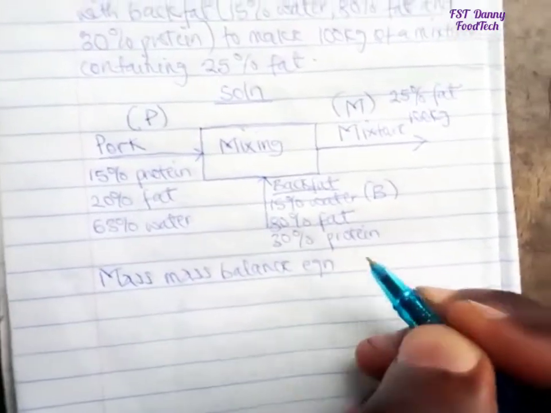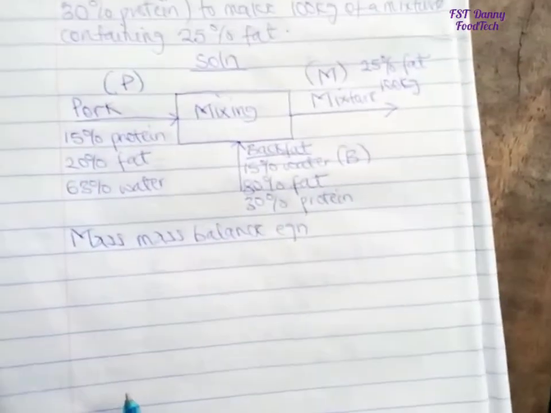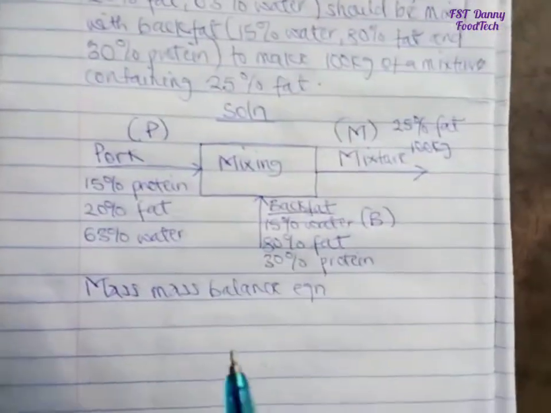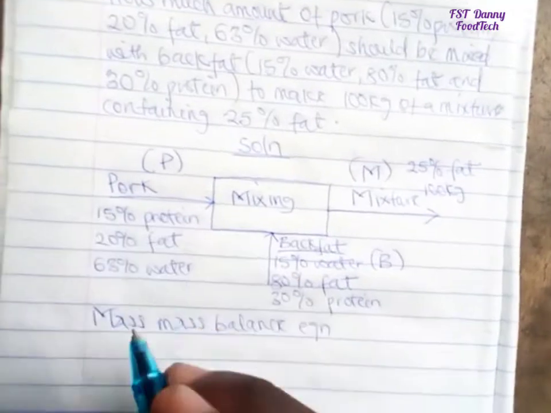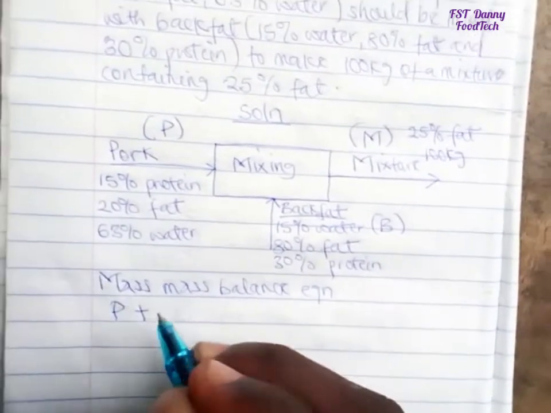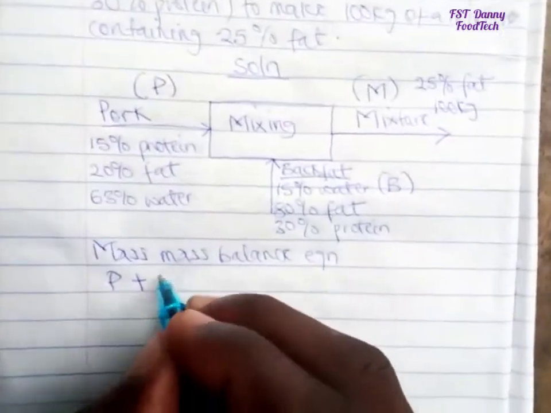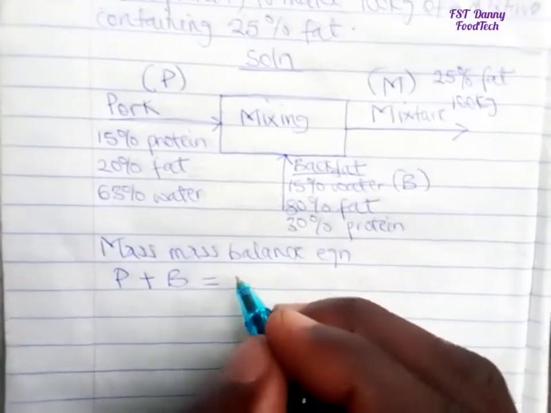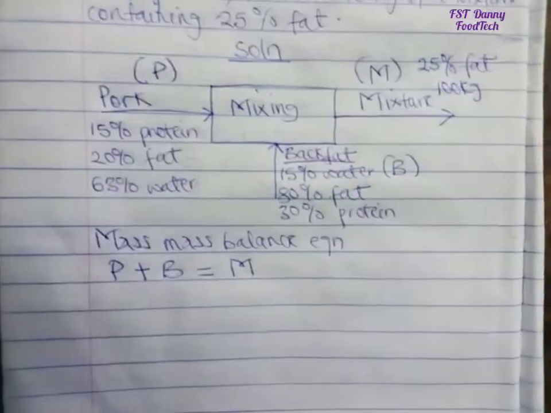Mass balance equation. And so from the way the question says, since it's mixing, that means we had pork mixed, that is plus the back fat is equal to the mixture, which is M.